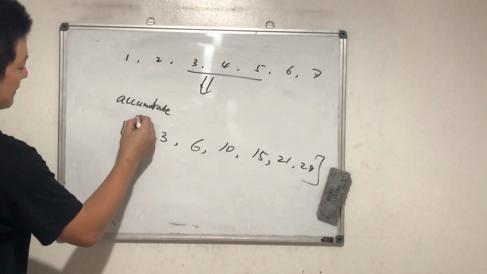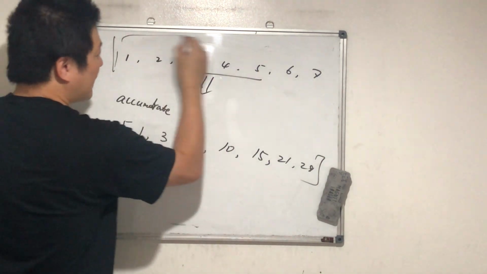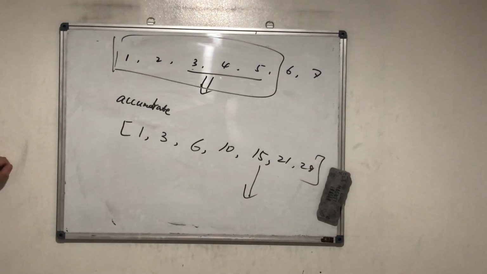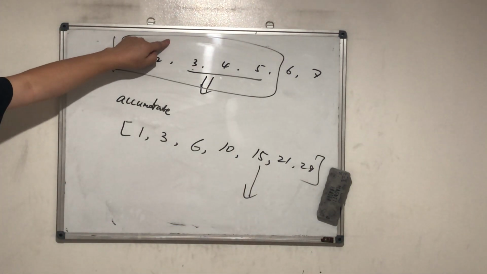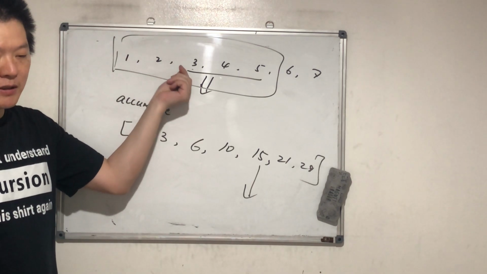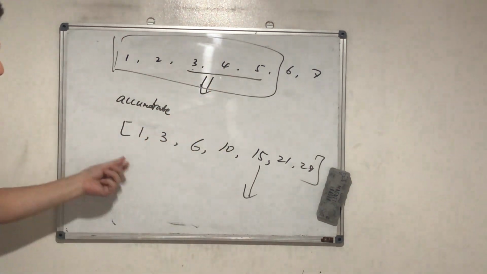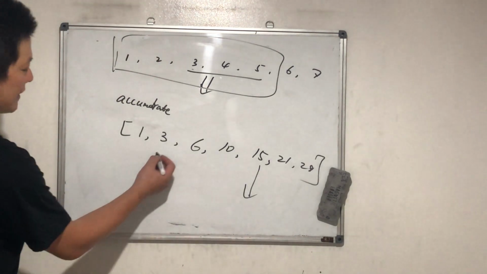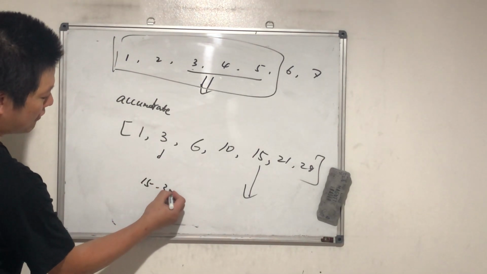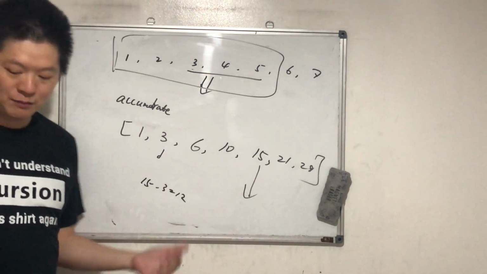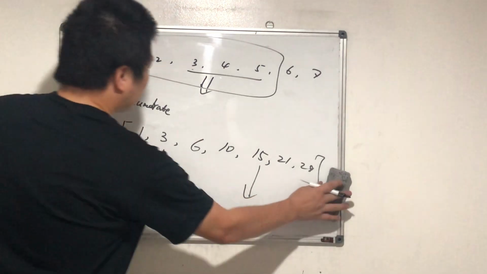It's the same as the sum of the first 5 numbers, which is 15, and I need to subtract the first 2 numbers. The sum of the numbers 3, 4, 5 is the sum of the first 5 numbers minus the first 2 numbers, which in this case is 3. 15 minus 3 equals 12. We're just looking up the numbers and subtracting. It's faster.